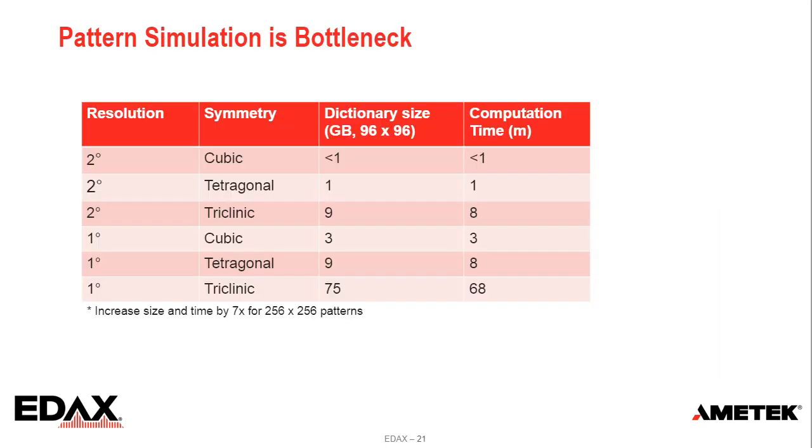So yeah, for both generating the dictionary and for doing refinement, pattern simulation is the real bottleneck that we have. Here's a set of some reasonable parameters for a couple of different symmetries.